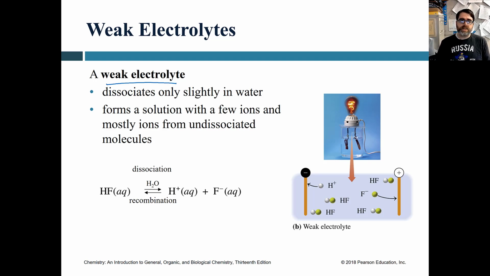Weak electrolytes then only slightly dissociate in water, and much of it remains undissociated. And so then we have some that does dissociate, but then some that recombines and reforms the original. And so you'll notice here we do have some individual particles in solution. And it actually turns out that eventually this one here will break down into the hydrogen and the fluoride there.